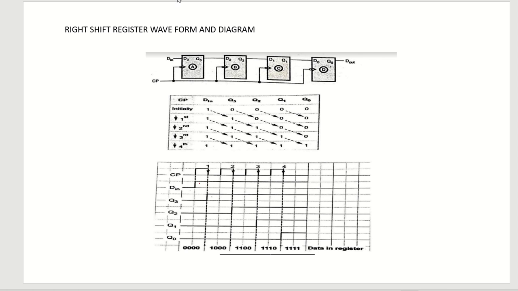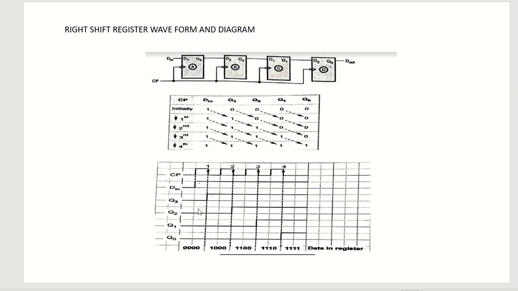Now let us see the waveform of the right shift register. Initially Q3, Q2, Q1, Q0 are 0. When data in is 1 and we press a clock pulse the first time, Q3 becomes 1 at the negative edge of the clock pulse.